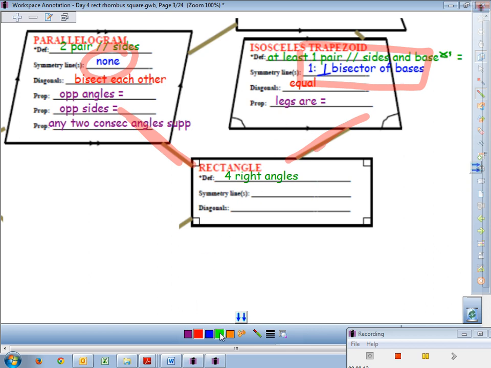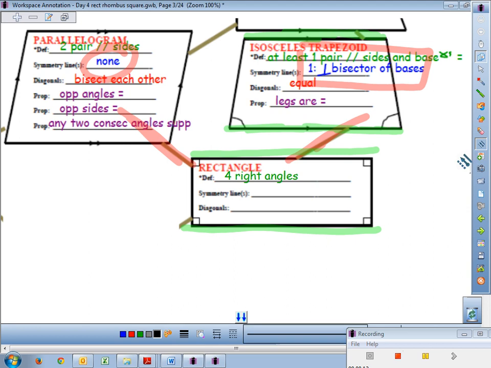Where are they? Well, let's base it off the parents. If the isosceles trapezoid symmetry line is the perpendicular bisector of the bases, and don't forget, the bases are the parallel sides, then that should happen down here in the rectangle also. The rectangle does have 2 pairs of parallel sides. It is a parallelogram. These guys are parallel to each other, right here.